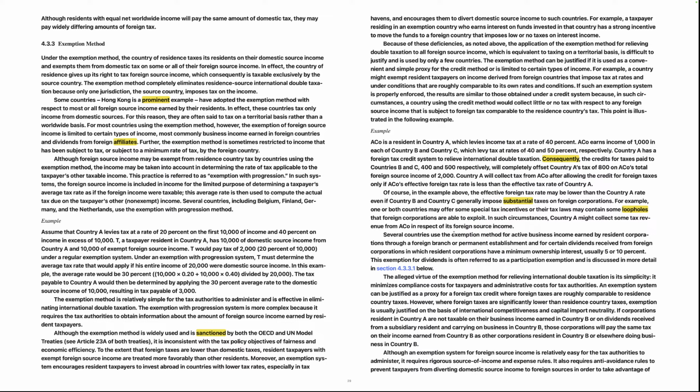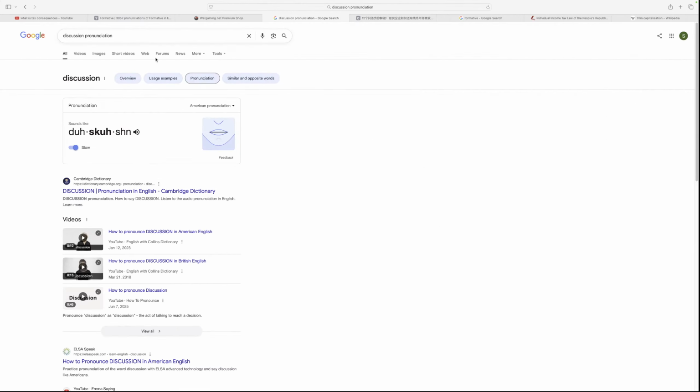In such circumstances, country A might collect some tax revenues.